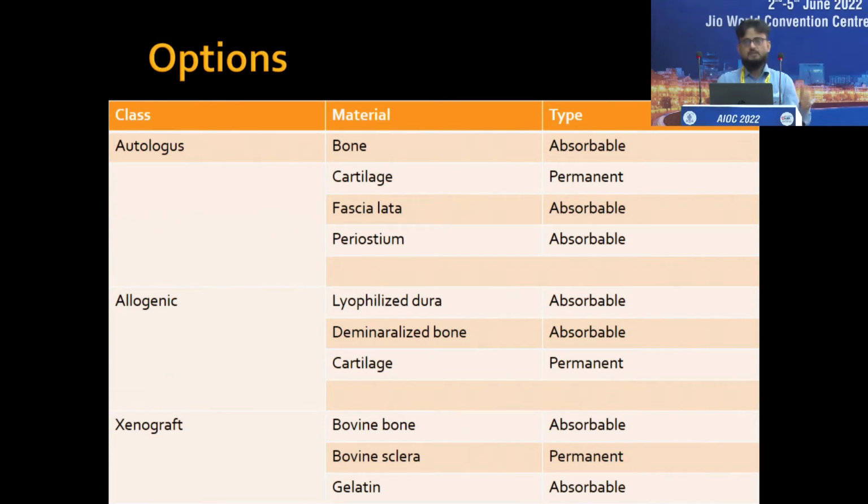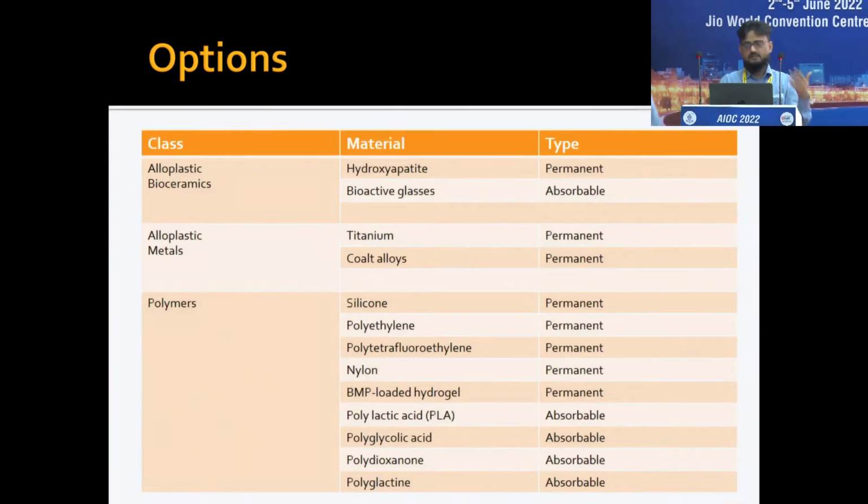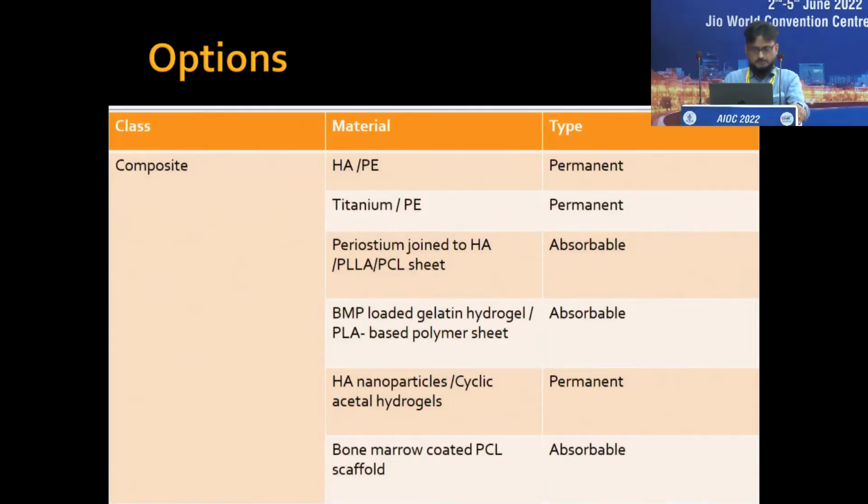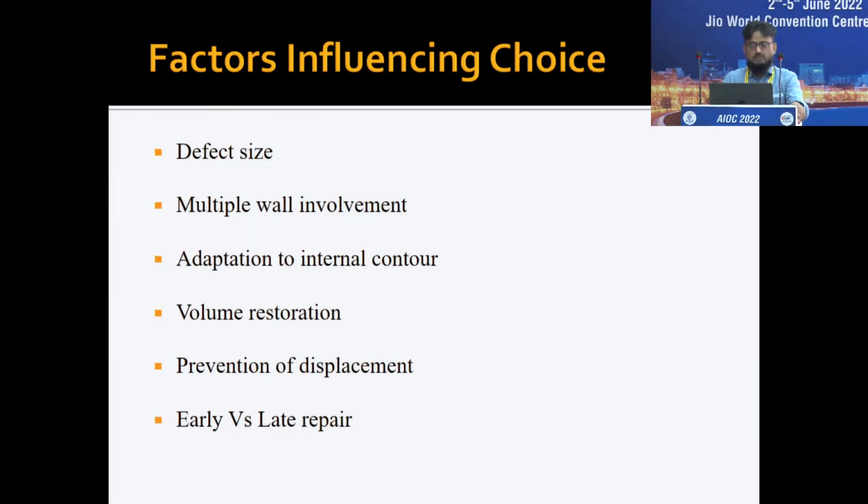So what are the available options? We have a lot of options for orbital implants, ranging from autologous, allogenic, and xenograft to alloplastic, different alloplastics and polymers. And right now we also have a combination of different implants together, which is known as composite implants. So what are the factors which influence our choice when we decide to repair a fracture and think about what implant we should use in the particular case?